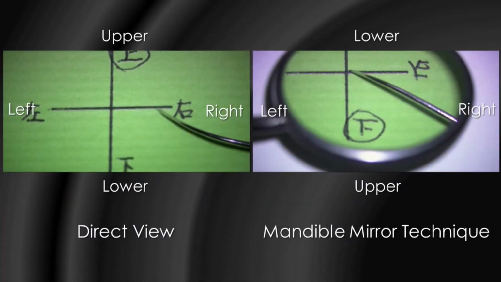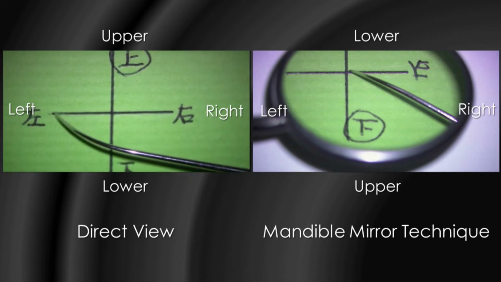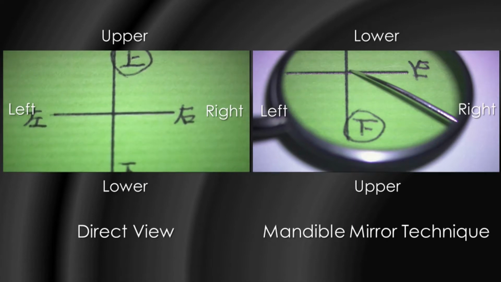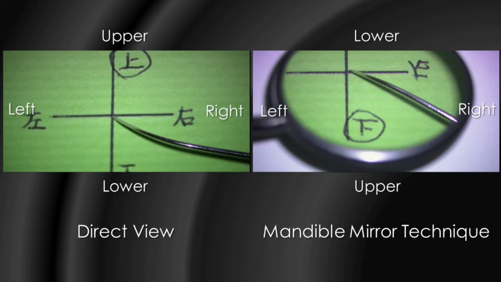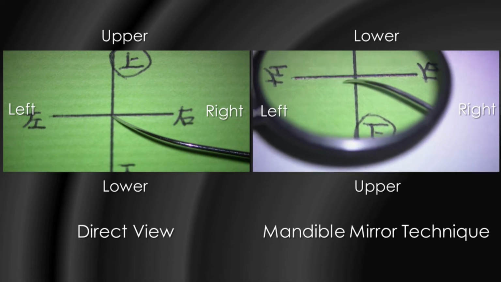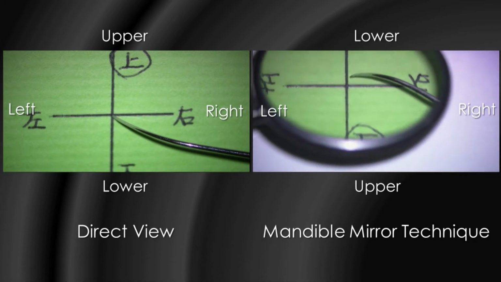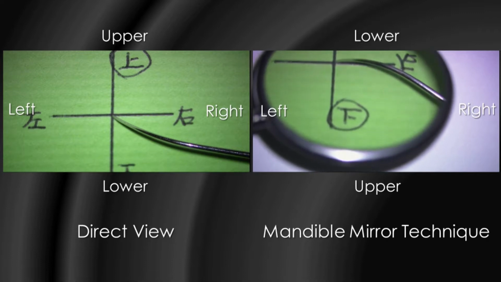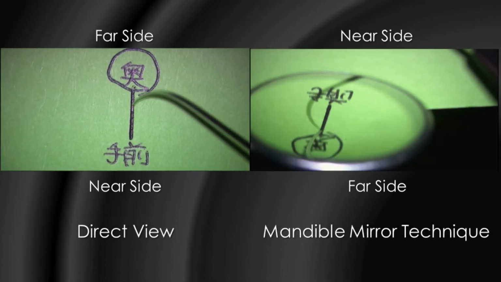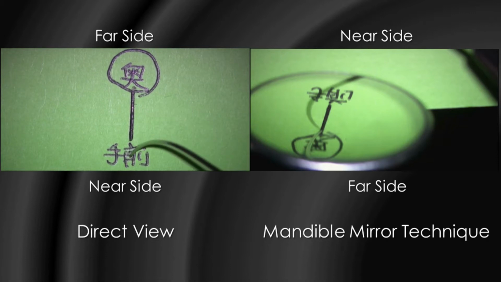So this is a direct view: right and left, and upper and lower. This is the mandibular mirror technique. Right and left is the same, but upper and lower is opposite. This is a direct view, far side and near side.